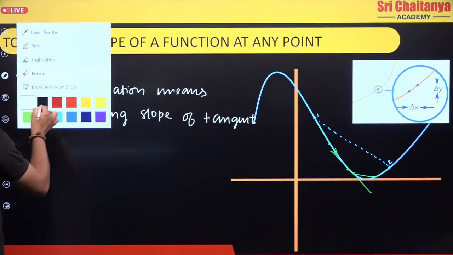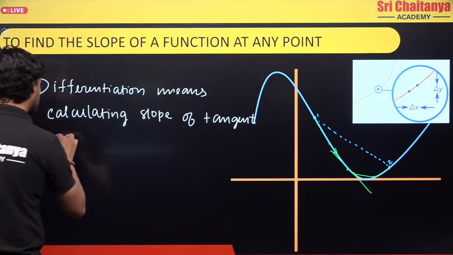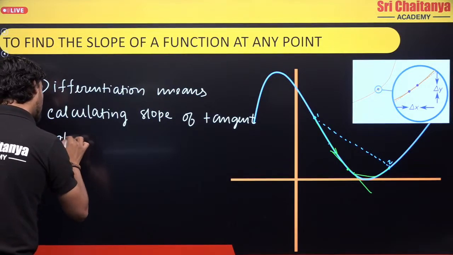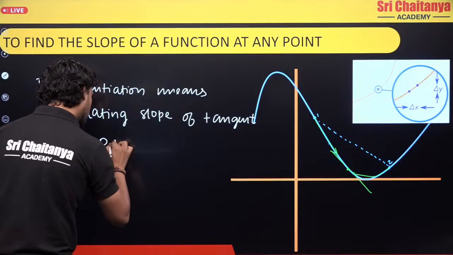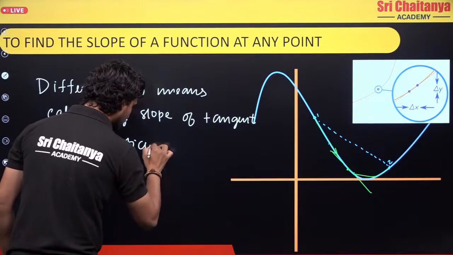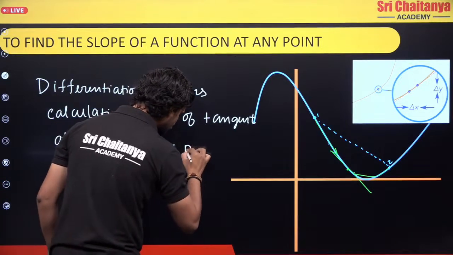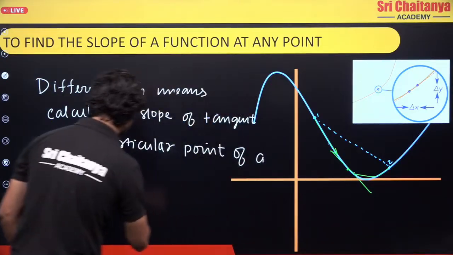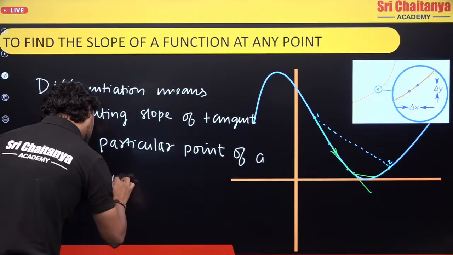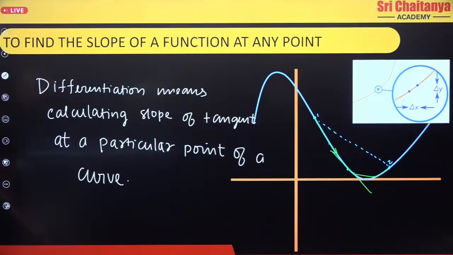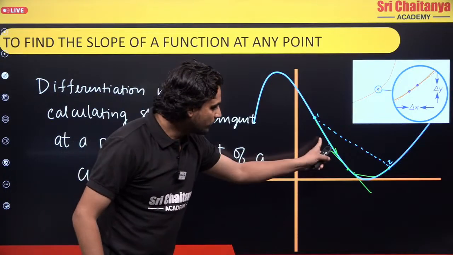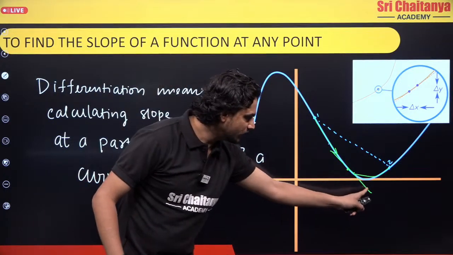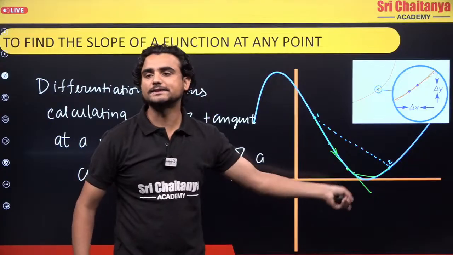Differentiation means calculating slope of tangent at a particular point of a curve. Simple as that. I am trying to find the slope of this straight line, or the slope of this tangent, at this particular point for this curve.